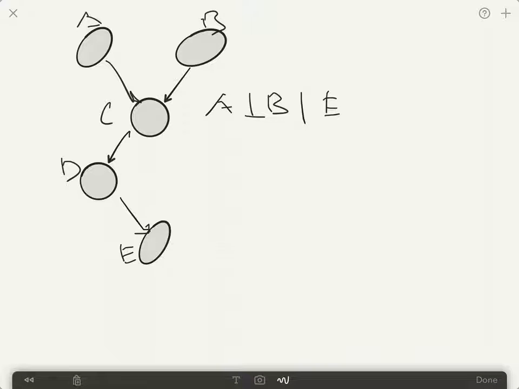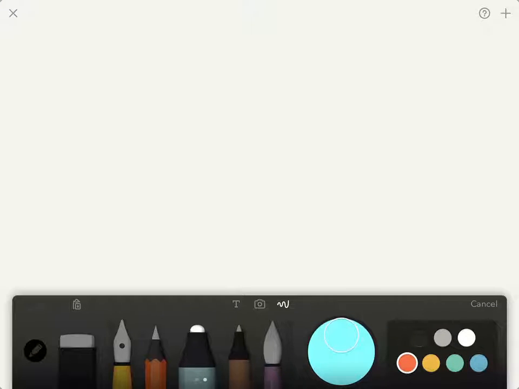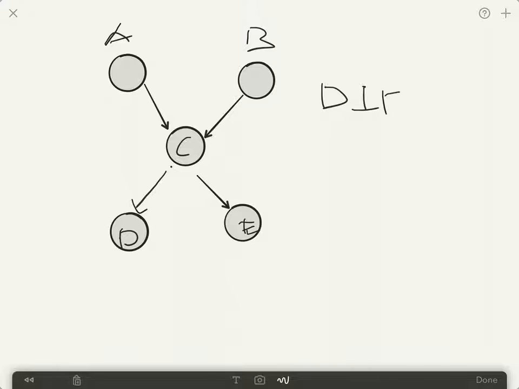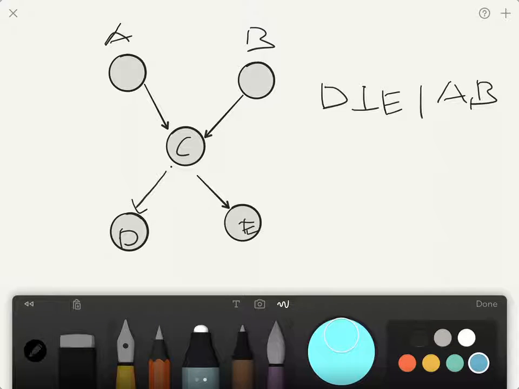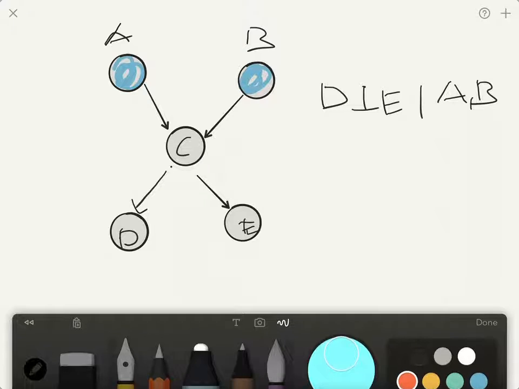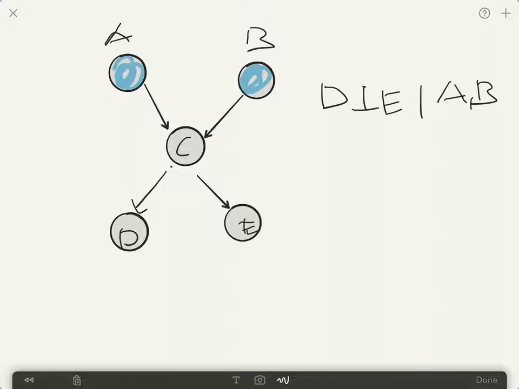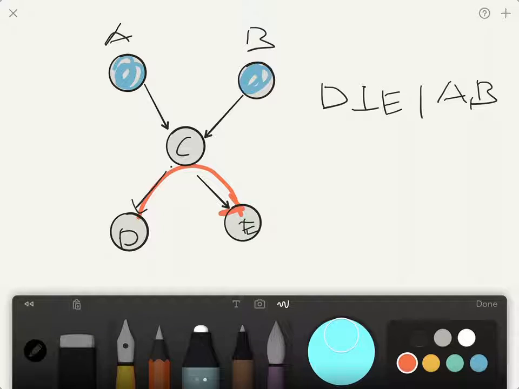We imagine this one is observed, imagine a wall here, and the ball flies back up to B. Okay, let's make something more difficult. Is D independent of E given A and B? Let's mark the ones we observed, that's A and B, and we are here at D or E, and we throw the ball straight to E, so we can answer this with no, it's not independent.